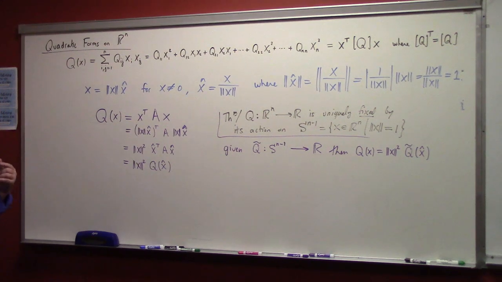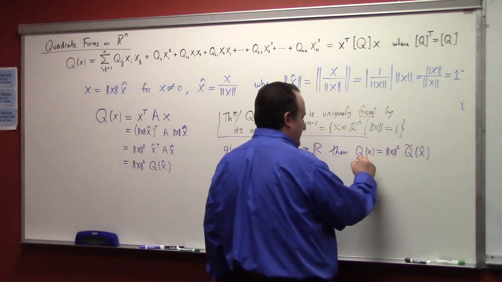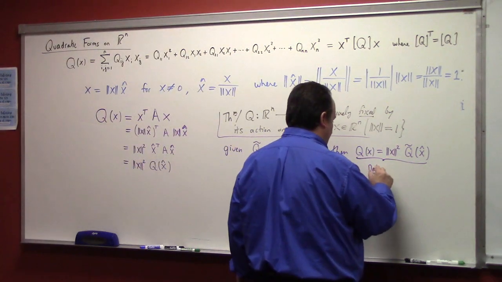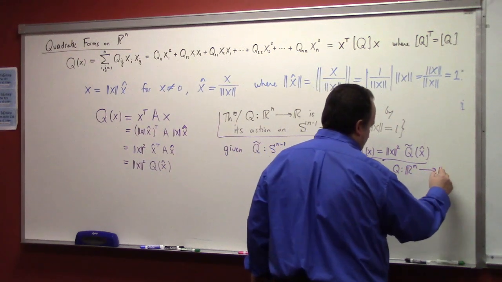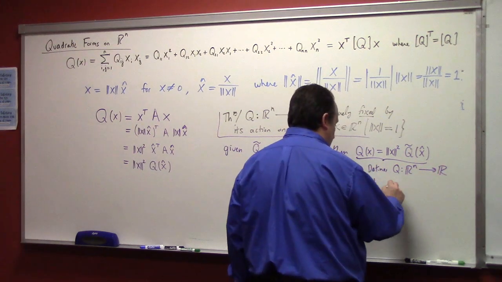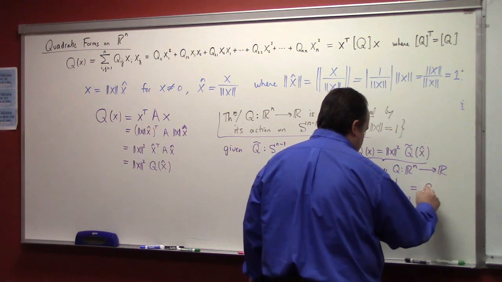Now you might say, oh, hold on a second. So this defines Q from Rn to R such that Q restricted to the n-1 sphere is just equal to Q tilde.